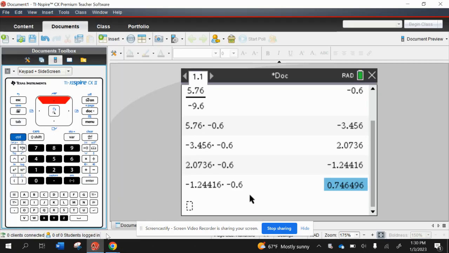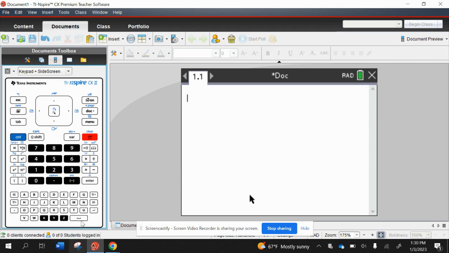All right, let's remove the previous problem. So we're going to do 490 divided by 700, control enter. And then 343 divided by 490, control enter. We can see the common ratio is 0.7.